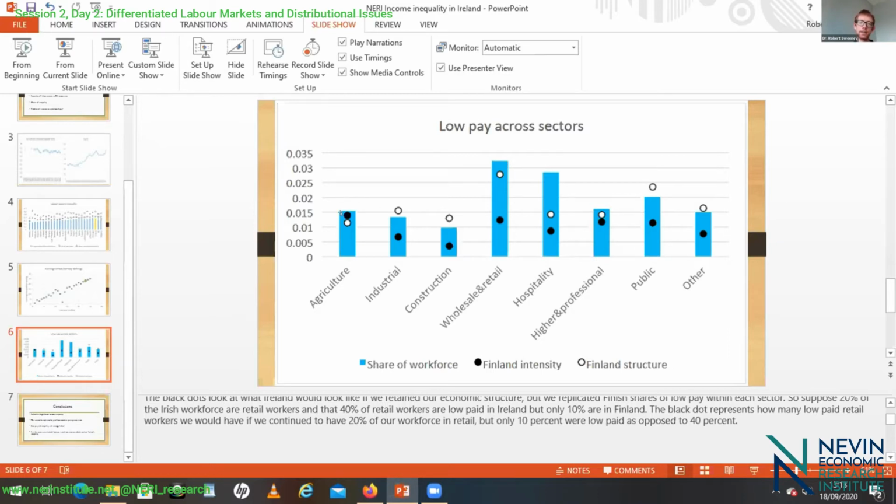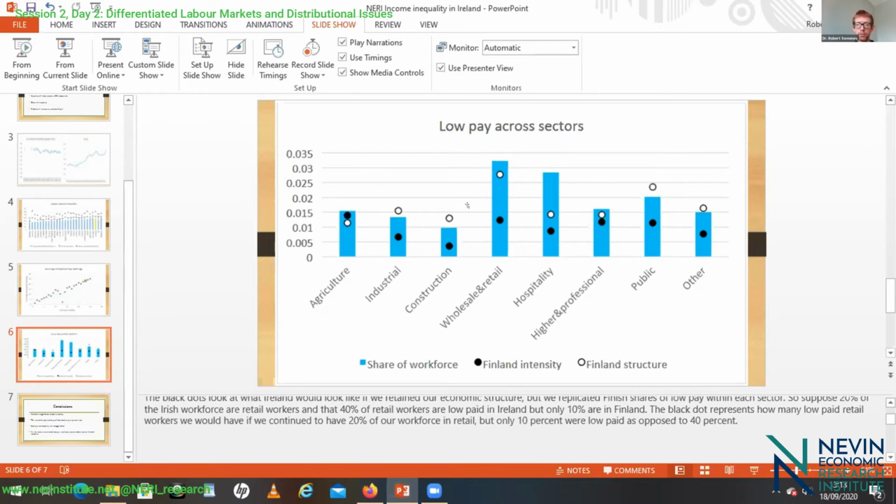And we see that this has a more dramatic effect than the structural effects. So we see that we would have many fewer low-paid wholesale and retail workers. The blue bar is how many low-paid wholesale and retail workers Ireland has. The white dot is how many we would have if we replicated Finland's economic structure.